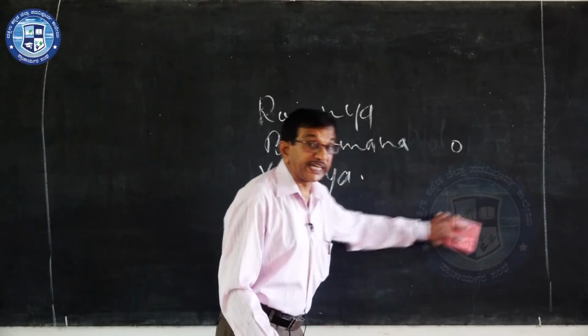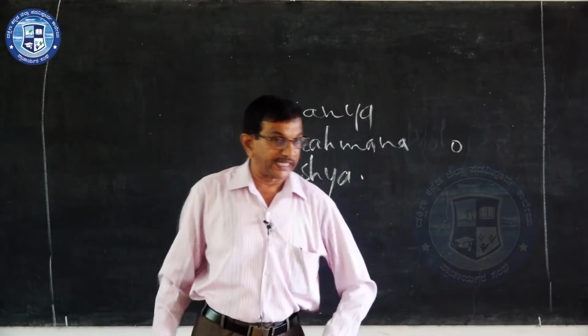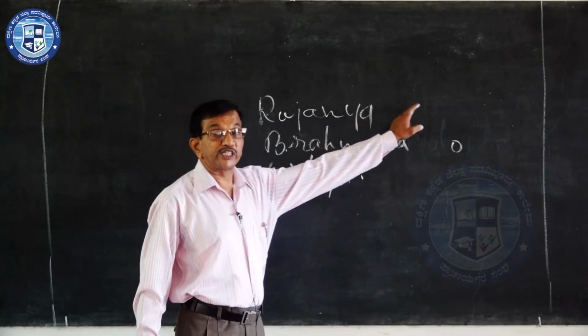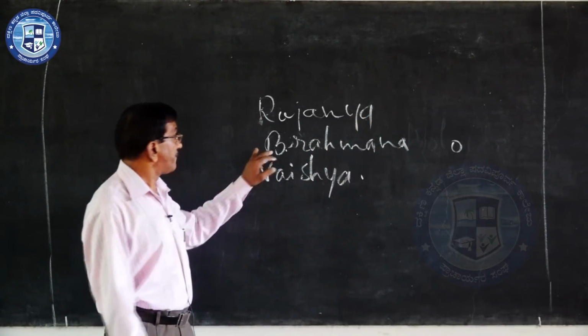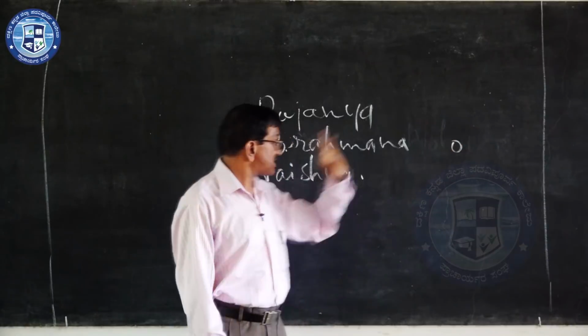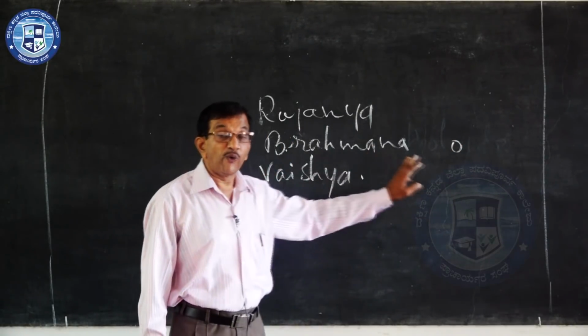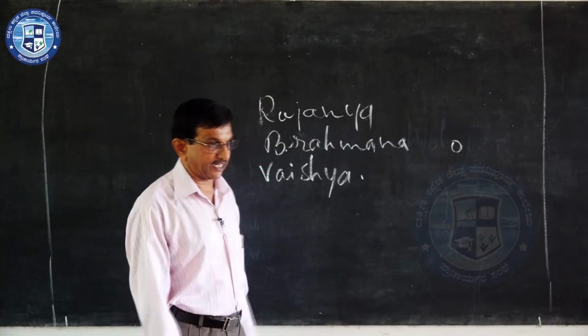These were the three groups that existed among the Aryans. Rajanya are called warriors, Brahmana are called priests, and Vaishyas were cultivators and traders.